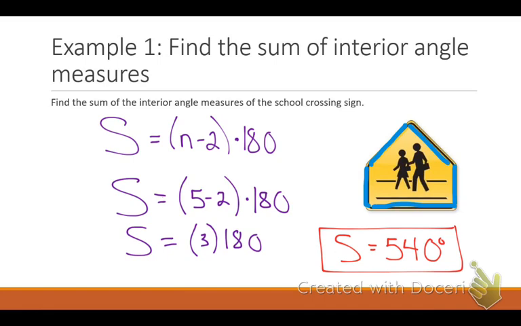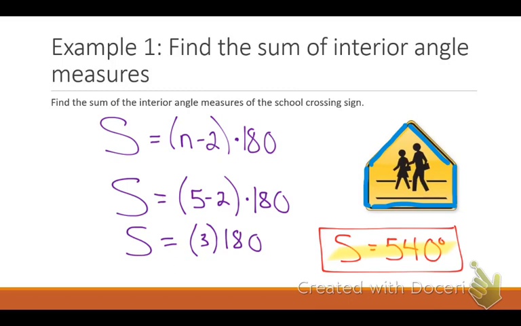Let me just tell you, a 5-sided pentagon, the sum is always going to be 540. So that is something that you could potentially memorize, right? If you're constantly doing the formula to find the sum of a 5-sided figure, couldn't you eventually memorize it's just 540? Yes.